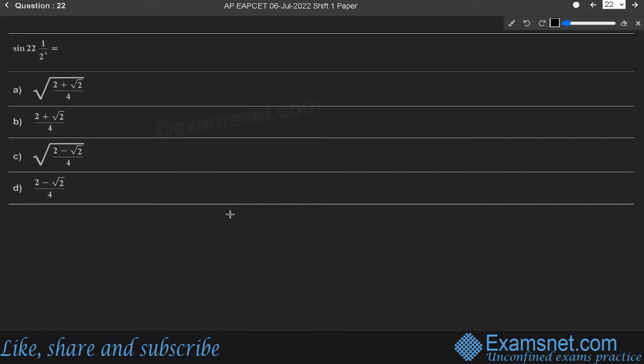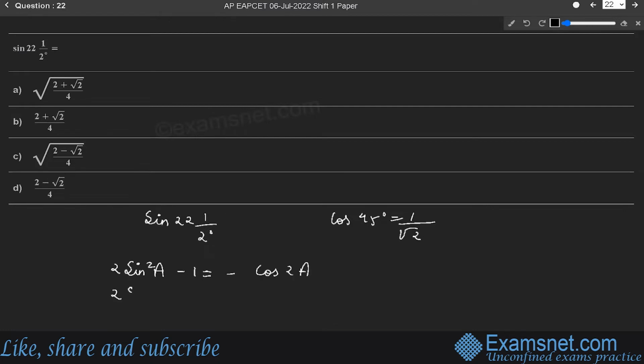Next question is also a very simple question. We have to find the value for sine 22 and 1 by 2 degree. We know that cos 45 degree is equal to 1 upon root 2. We also know that 2 sine square a minus 1 will be equal to minus cos of 2a. Therefore, 2 sine square a will be equal to 1 minus cos 2a.